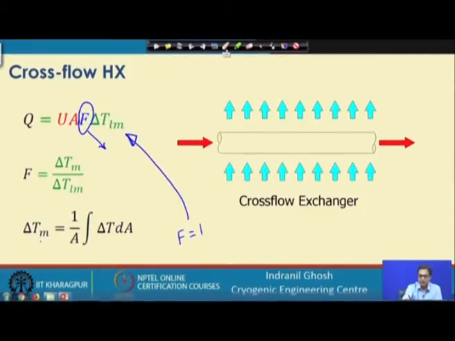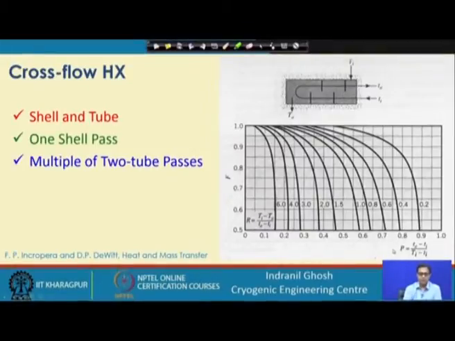So, how do we find that relation? We will see that for different heat exchanger configurations, this has already been calculated for our ease, and it is expressed in terms of R and P, two parameters related to the two temperature differences.